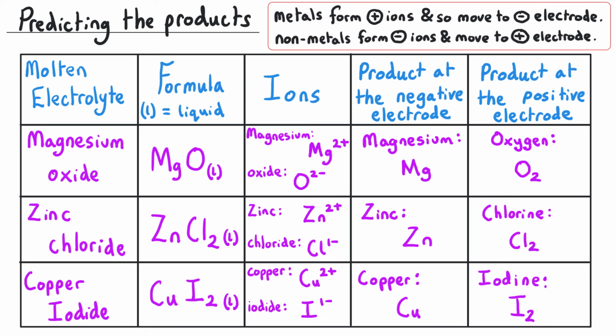And so the positive metal ions will be attracted to the negative electrode where the element will form, magnesium, zinc, or copper in these examples. And then the non-metal, which has gained the electrons, will be a negatively charged ion, and so that's why the non-metal always forms at the positive electrode. And you can see we've got the elements oxygen and chlorine and iodine.